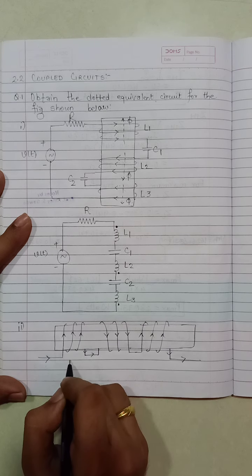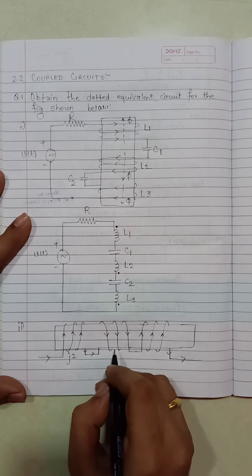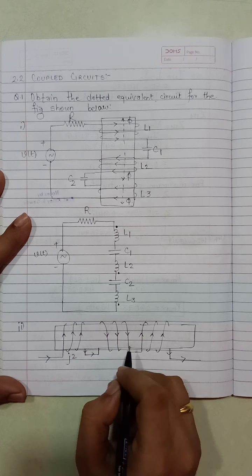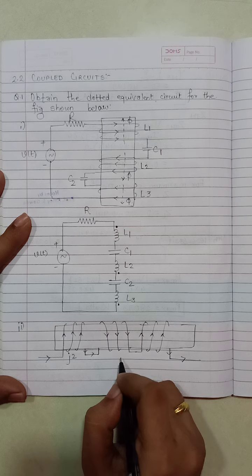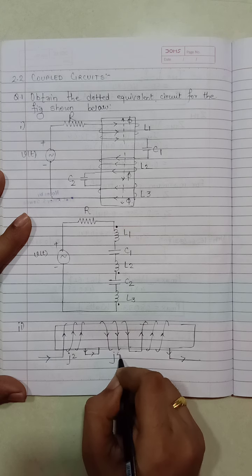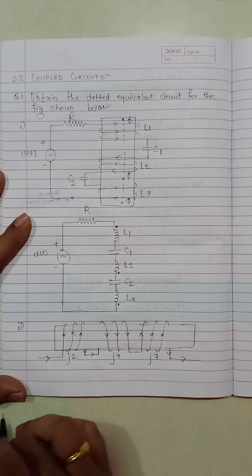Now suppose the mutual inductance and self inductance are given. Say self inductance is given as J2 in this case. For this it is given as J4. For this it is given as J7.